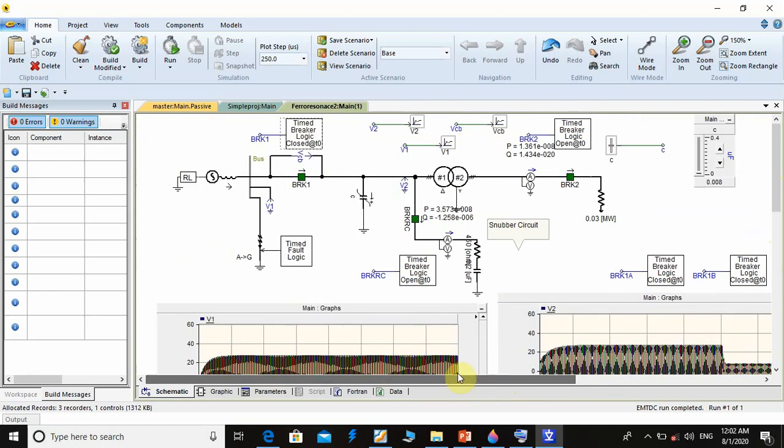The measurement of voltage here is to earth, not line to line. Okay, let us examine the effect of stray capacitance or system capacitance.